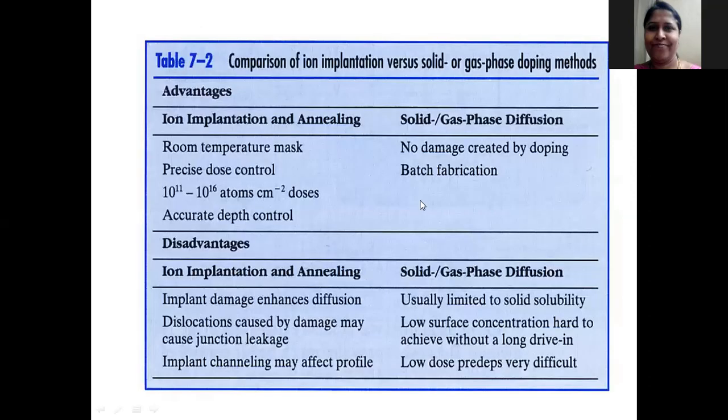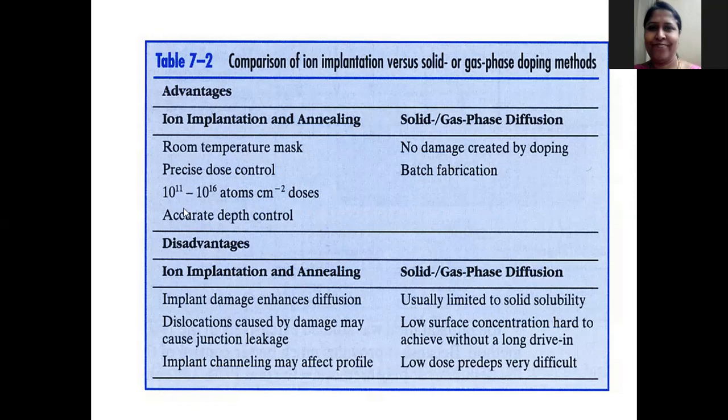When we compare ion implantation to diffusion, we see that ion implantation can take place at room temperature, whereas diffusion needs very high temperature. Here, precise dosage control can be done.